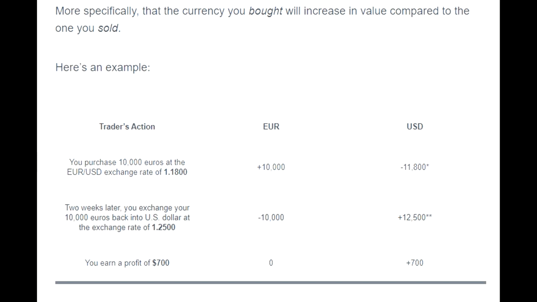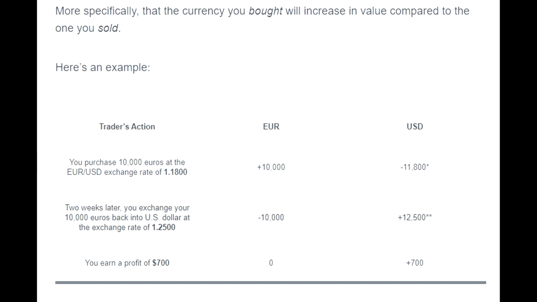Now if we move forward, you can see here an example where the currency you bought will increase in value compared to the one sold. I'll try to summarize everything so you can understand. For example, if these are two currencies, this is one pair. So this is euro and this is the USD.